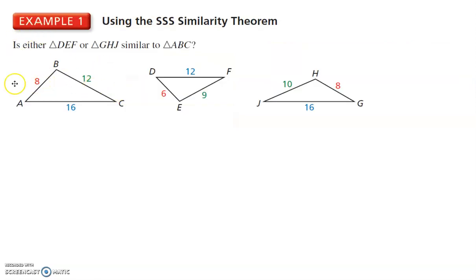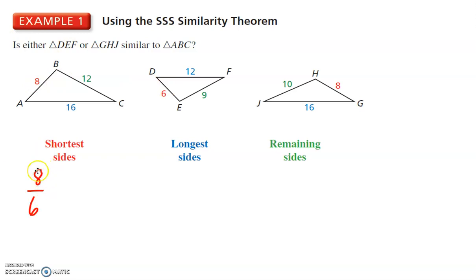So using that, I'd want to look at these, and first I'd figure out the short sides, then I could check the longest side, and then the middlest side, or the last one that's not the short or the long side, right? So between the first two, we've got 8 and 6.